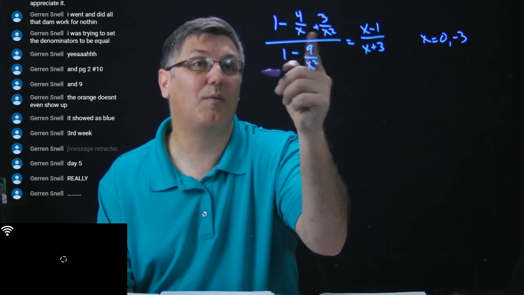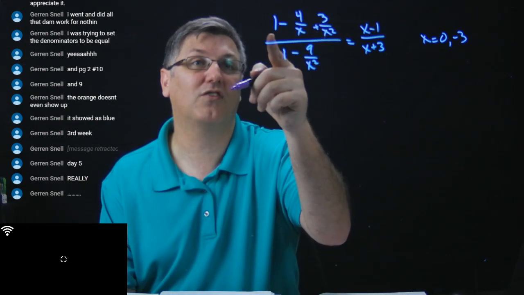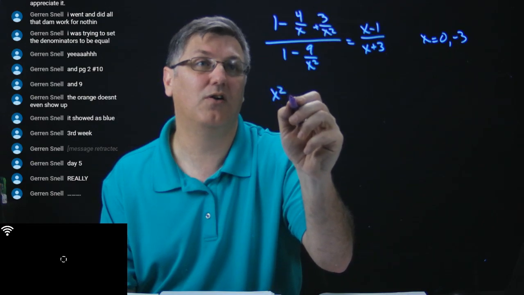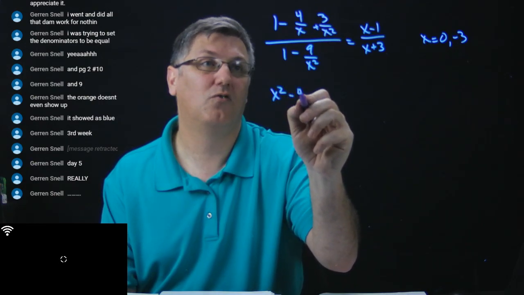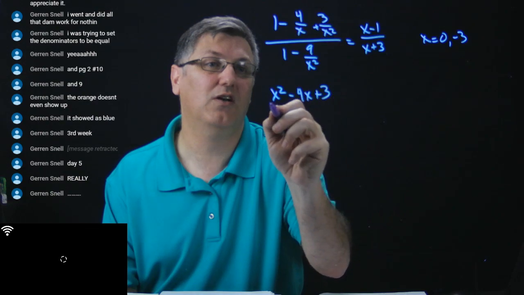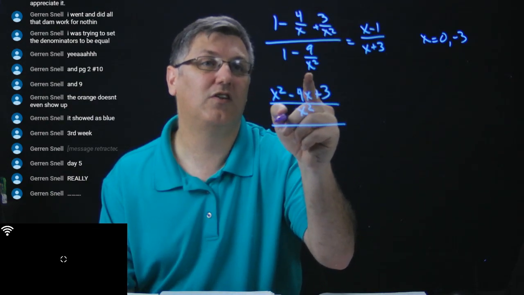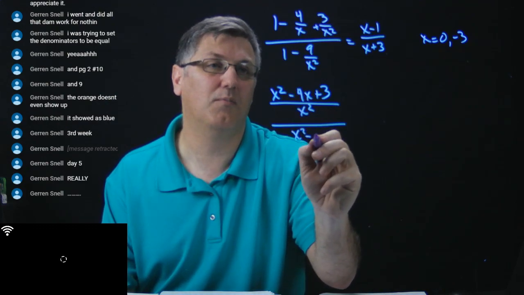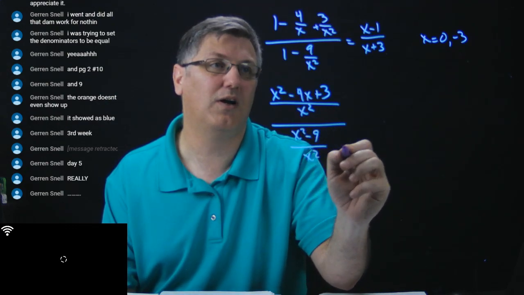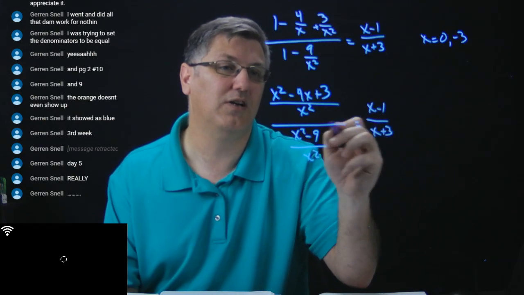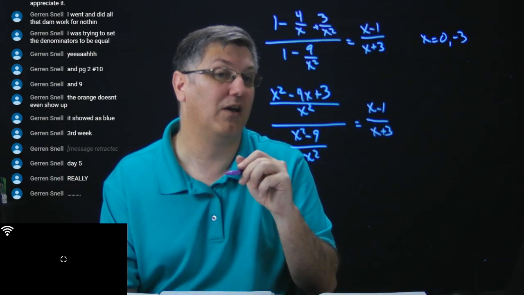So to get a common denominator here, I have to multiply this by x and this by x squared. So I jump to the step of x squared minus 4x plus 3 all over x squared, all over this here is going to be x squared minus 9 over x squared, equals x minus 1 over x plus 3. Okay, so now let's look at my denominators.